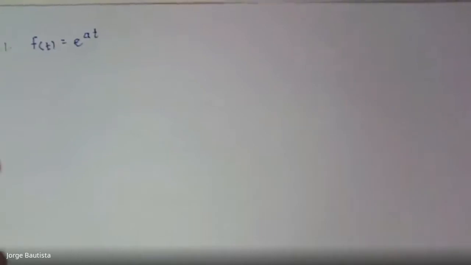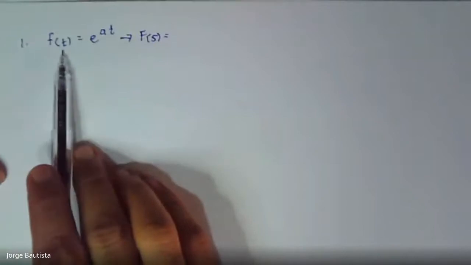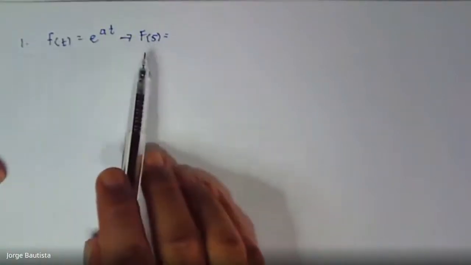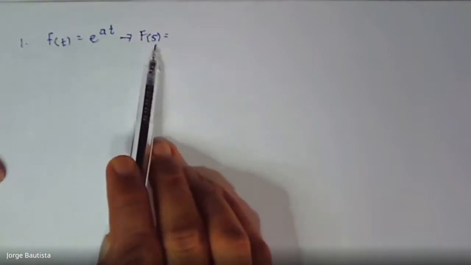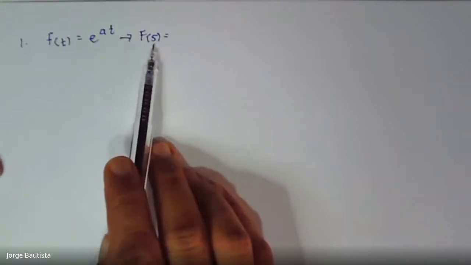Ayan. Okay? So para makita natin kung saan ba nanggaling yung sagot ng e raised to at, tapos ang Laplace nito f of s. So yung maliit na function f of t, time function, can be replaced by capital letter F, and is a function of s. Okay, so take note, s is a complex frequency. Okay, complex frequency yan in Laplace transform.